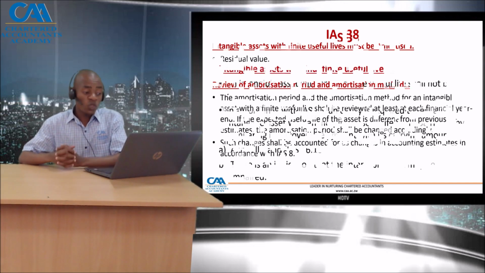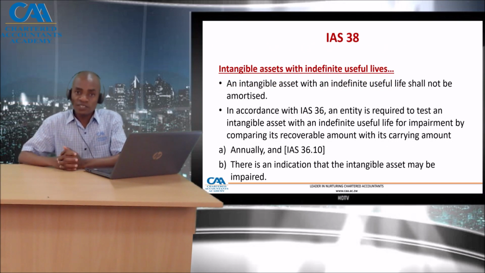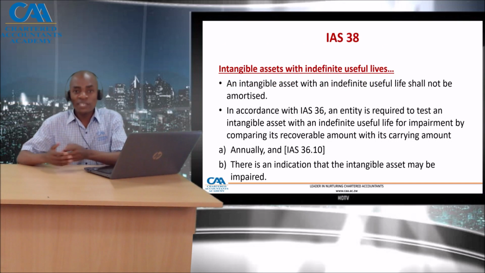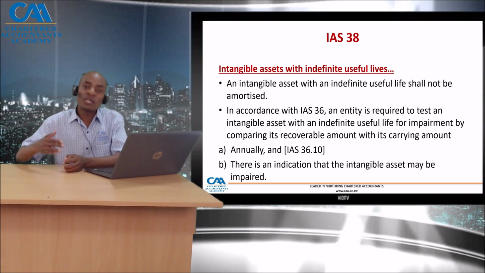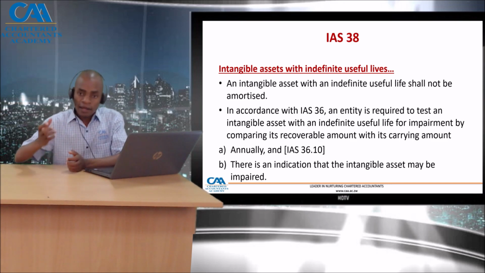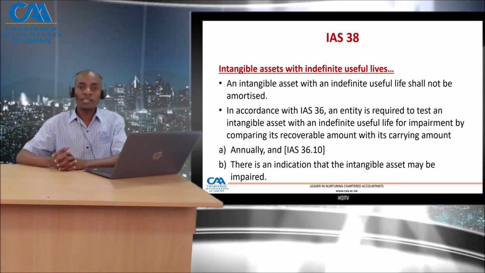Then we have also got those assets with indefinite useful life. We are saying for these assets, we don't know to what extent or at what point in time we are going to cease enjoying the benefits arising from this intangible asset.